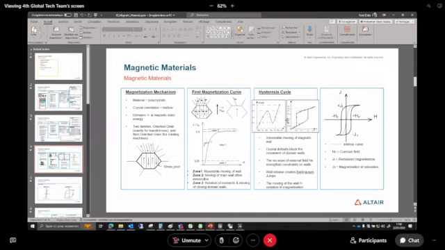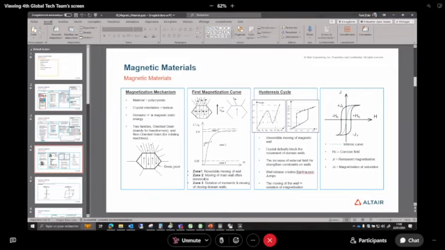So since there is no magnet, I will talk only about the lamination and the hysteresis cycle and what we call the intrinsic curve. So what happens really when we talk about the BH curve and the magnetization of the lamination? Let's start from this microscopic view of the lamination.